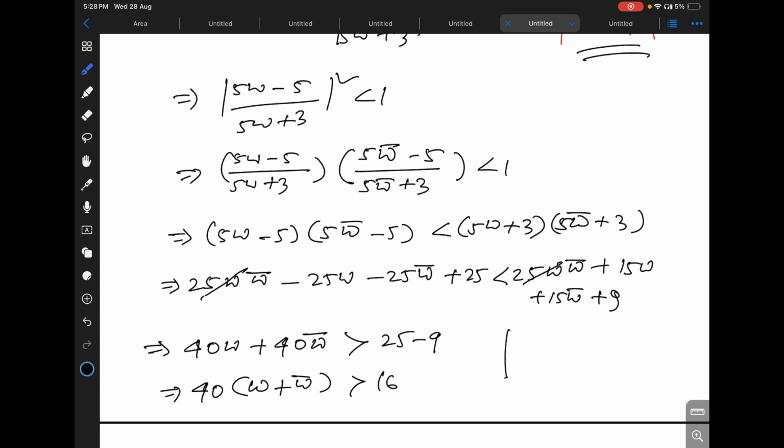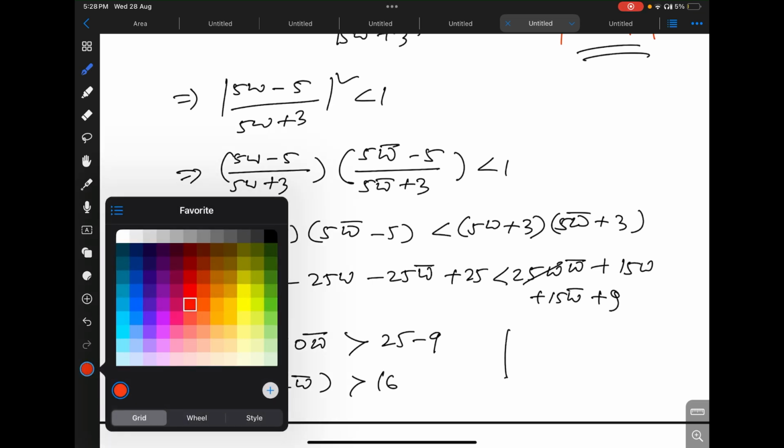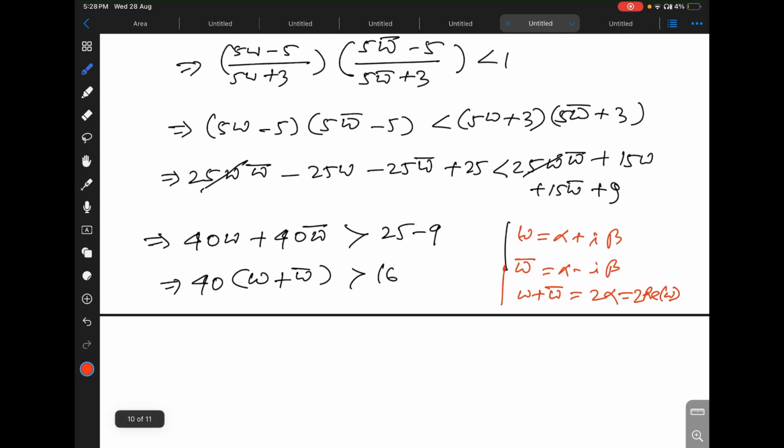Since omega is another complex number, just for simplicity of writing, we can assume omega is alpha plus i beta. So omega bar will be alpha minus i beta. So as a sum of omega and omega bar, we will have 2 alpha, that is 2 into the real part of omega.